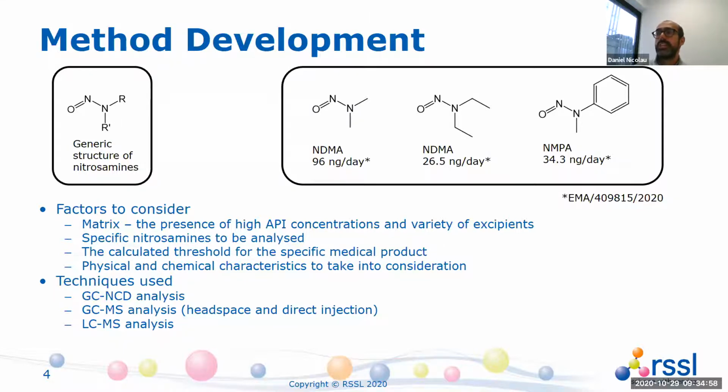And you can see here that the toxicity of each of these nitrosamines varies. So in the case of the first one, NDMA, N-nitrosodimethylamine, they have a 96 nanogram per day safety concern threshold, and you can see that they will vary depending on the particular nitrosamine you are looking to identify and determine.